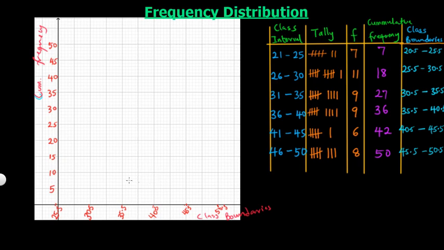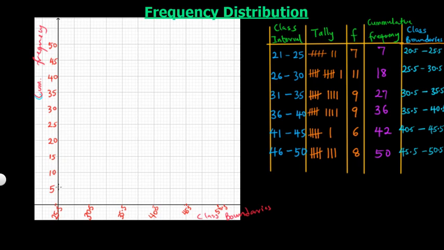Now that this is done, I'll then begin to pick value for each. At the class boundary of 25.5, I have 7 as the frequency. So I'll look at where the 7 is located. This is 5.